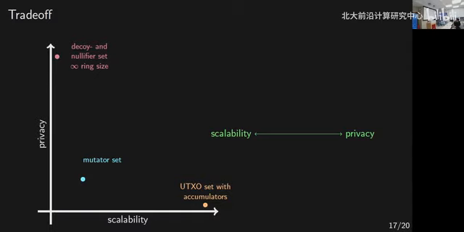And I would go so far as to argue that this tension is the wrong way of thinking about it. Because privacy is only meaningful if there are crowds. And you can only support crowds if you can support a large number of users. And so you need scalability to make your privacy meaningful.